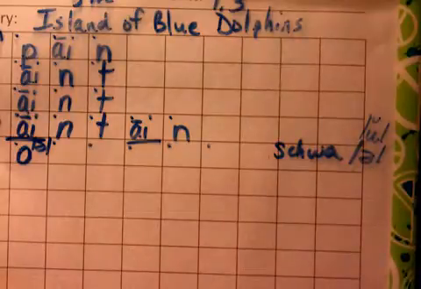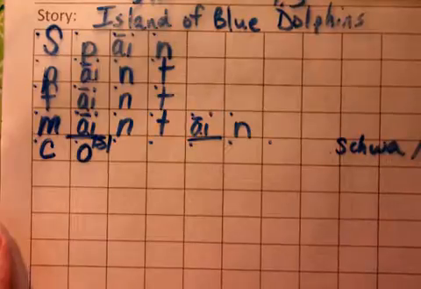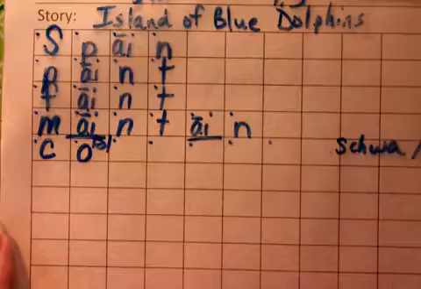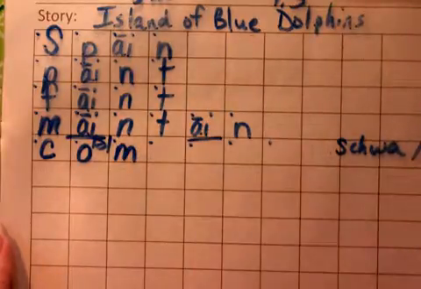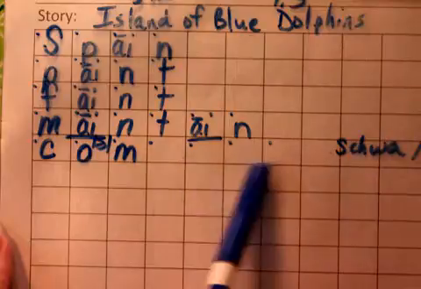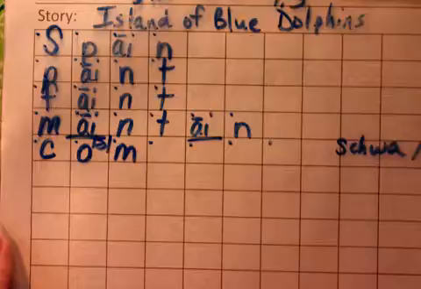The schwa can be represented by any vowel in an unaccented syllable. Come is the unaccented syllable. Plain is the stressed syllable. Complain. You put a lot of force when you say the syllable plain.